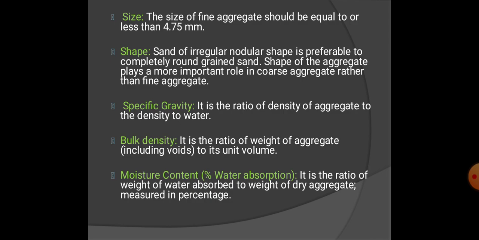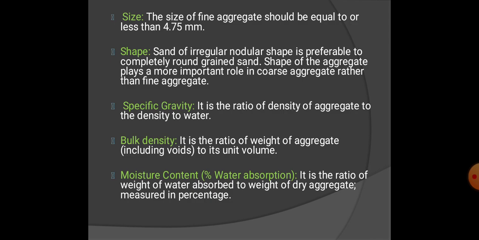Okay, the next is bulk density. So bulk density is the ratio of weight of aggregate including voids to its unit volume.